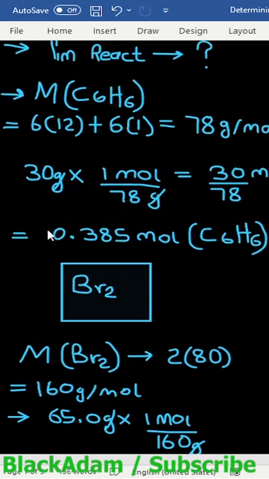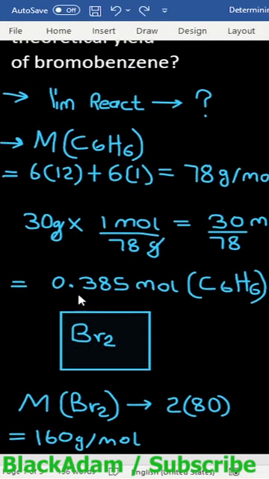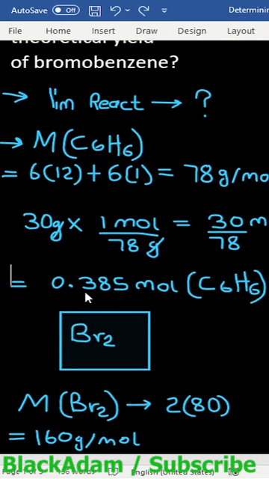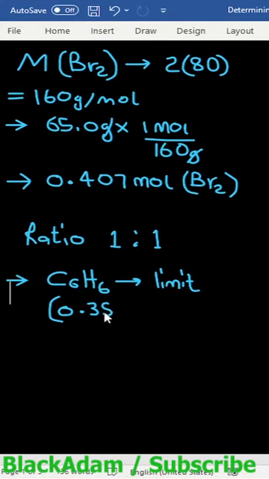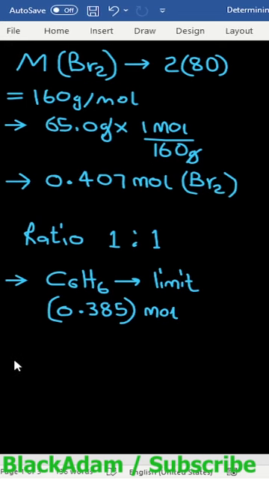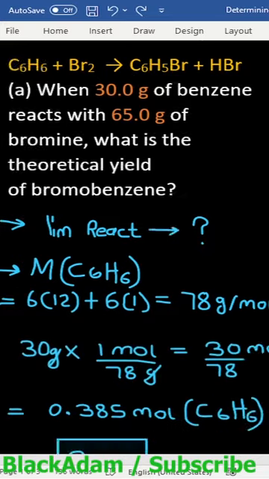So benzene is our limiting reactant, that is 0.385. The next thing we do is write the limiting reactant with the limiting amount of moles, and then convert that to our target.